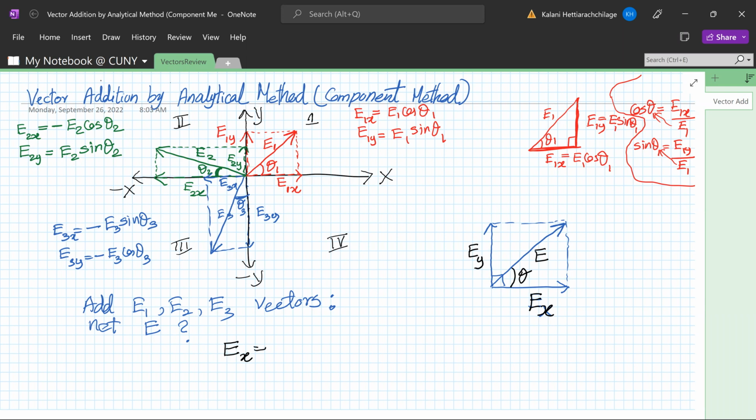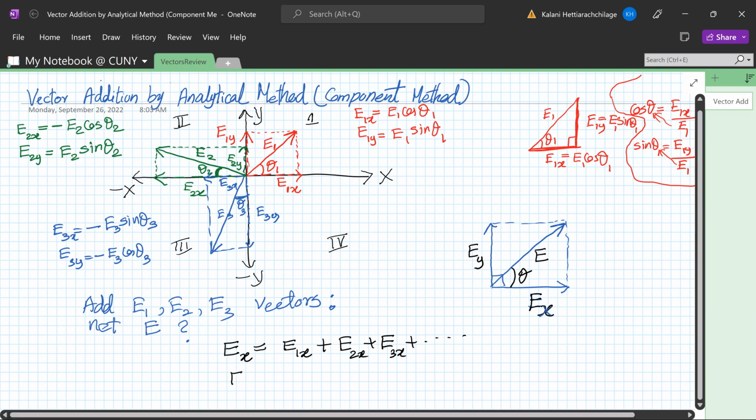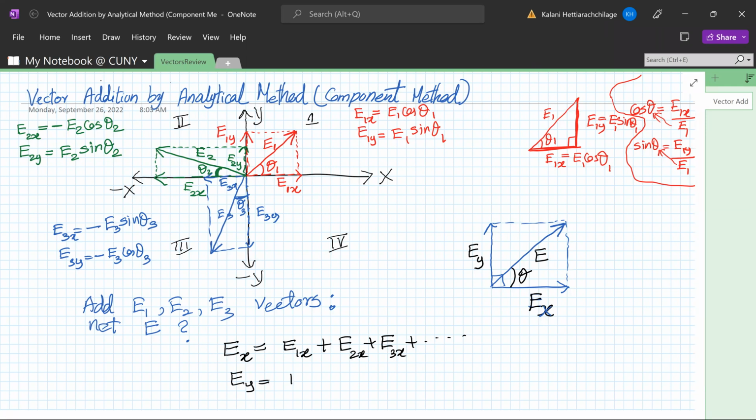That will be equal to your first vector X component plus second vector X component plus third vector X component. If you have more, you just add all the vectors' X components to that.